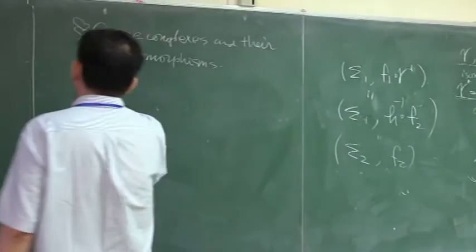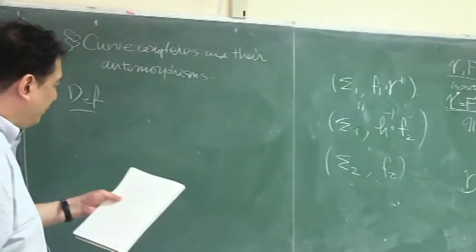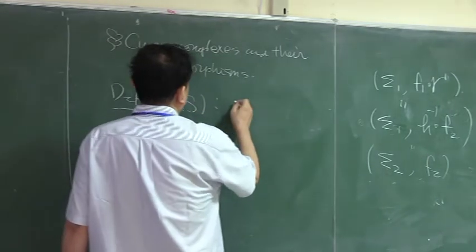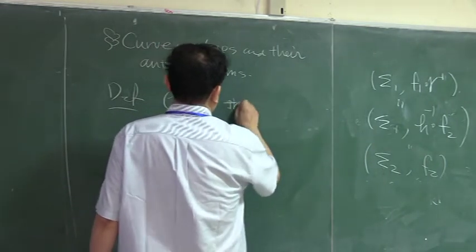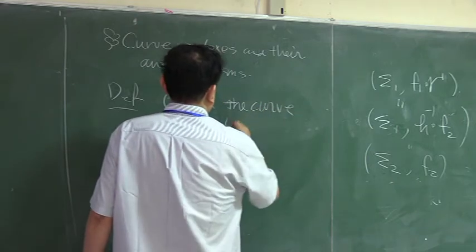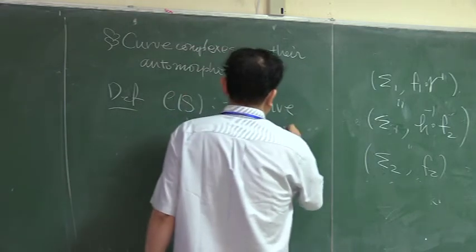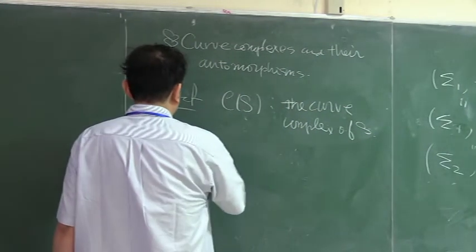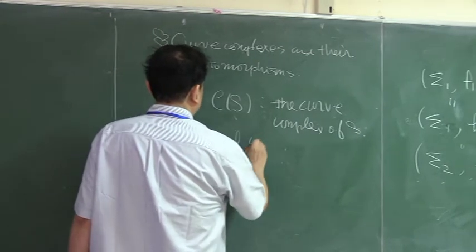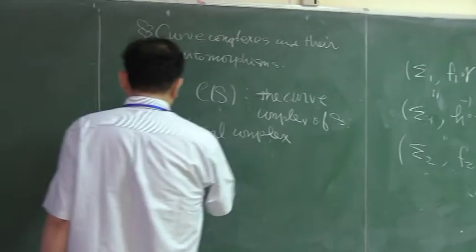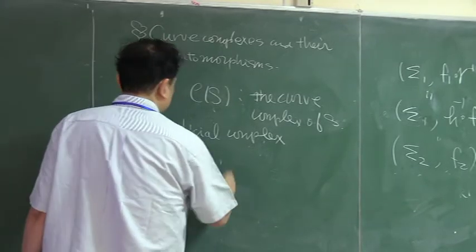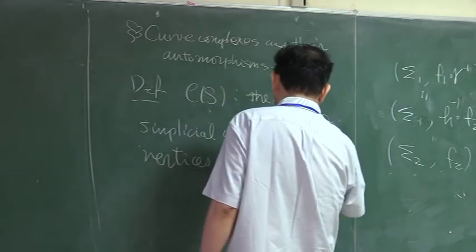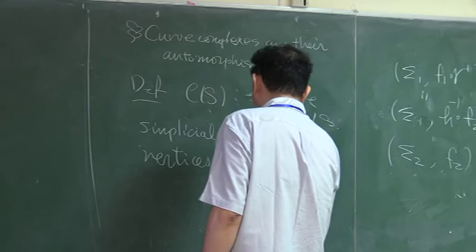So S is, as before, the closed surface of genus greater than 1, and C(S) is something called a curve complex. I will define it. It's a simplicial complex whose vertices are isotopy classes or homotopy classes of non-contractible simple closed curves.